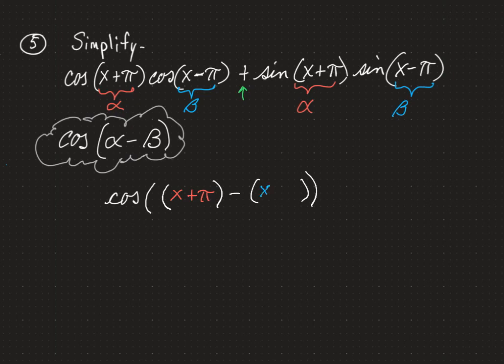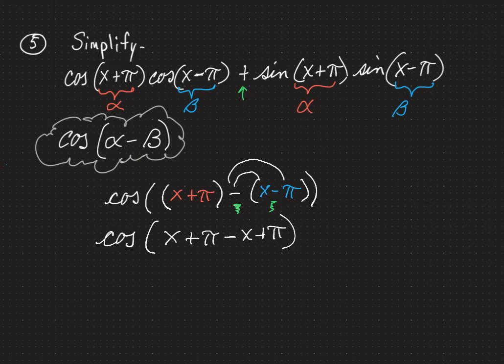It is x minus pi. You see, I'm going to have a little bit of sign work to do here. All right, so this is going to be the cosine of x plus pi. I'm going to have to distribute this negative. That's what I meant by sign work. That'll give me a negative x, but it'll give me a positive pi. And then close the cosine there.